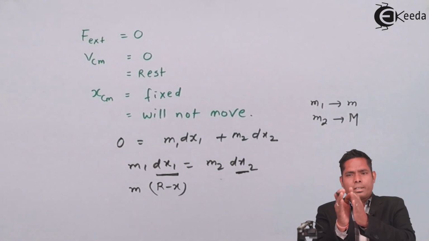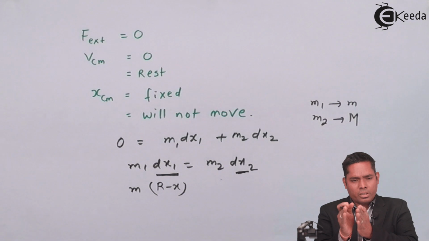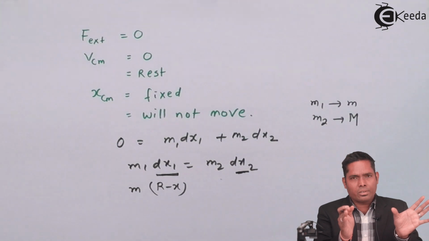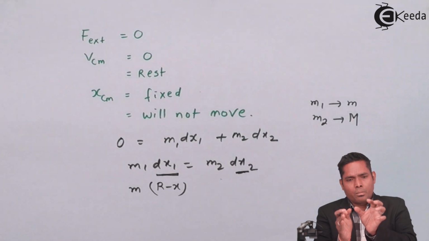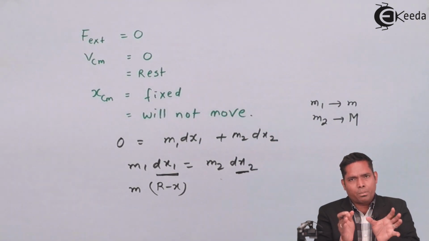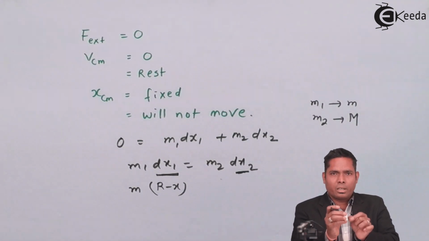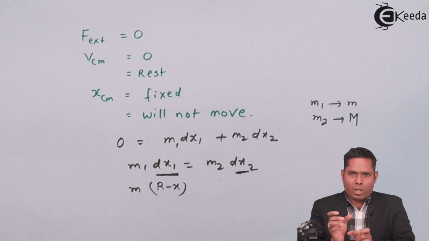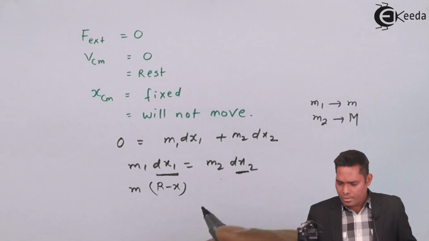Because the block, the big mass, moves by distance x, at the time it reaches the edge the displacement of the block is x. So the particle of mass m will be at a distance x from the origin. Earlier it was r, now it is at x, so the difference is r minus x.